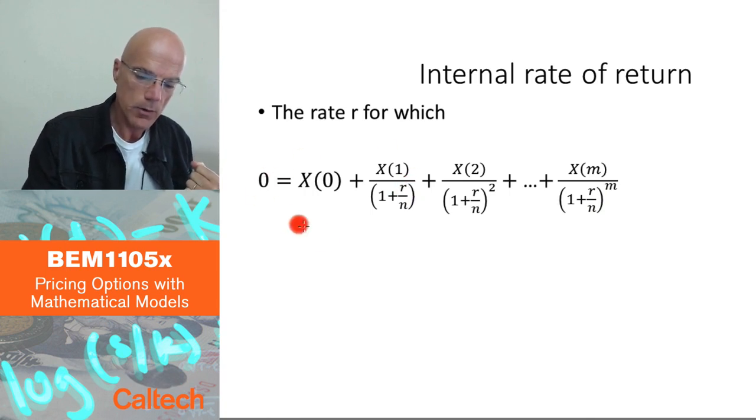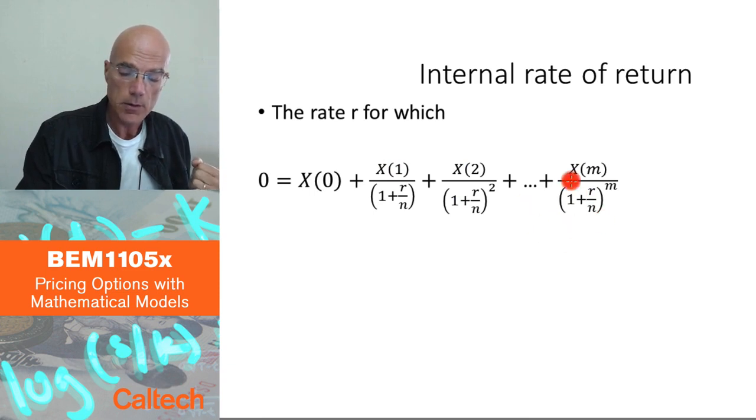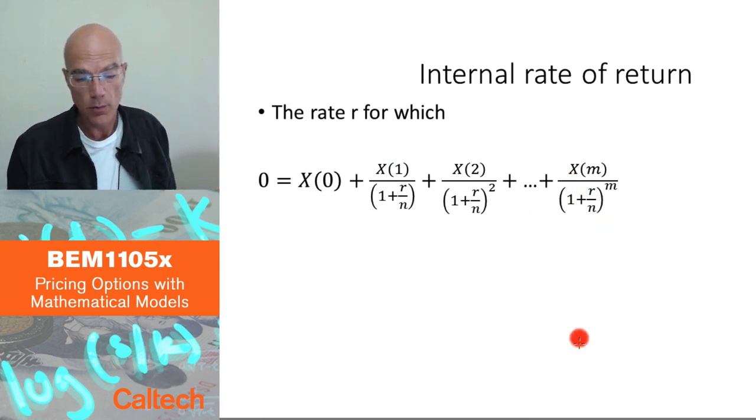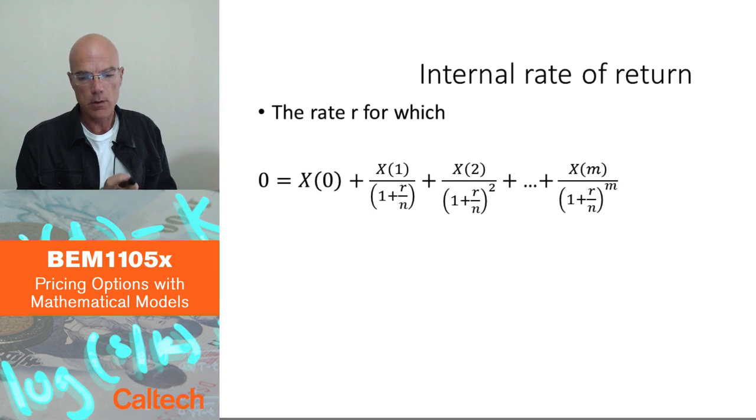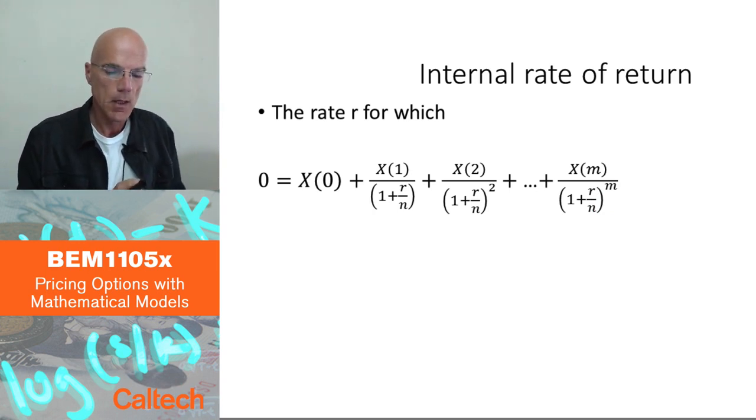So it's a nonlinear equation in R. You have to solve it numerically, or maybe when all x's are the same, it becomes easier, but still it's a nonlinear equation. So you find R for which this is 0, and you call that R the internal rate of return. Why am I defining this?